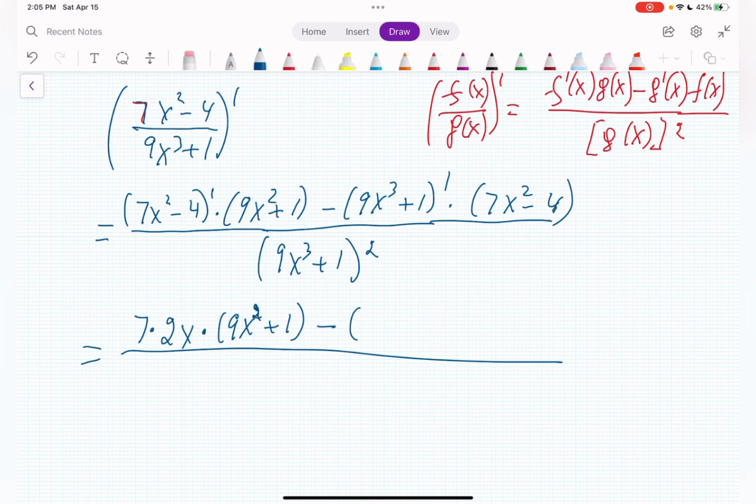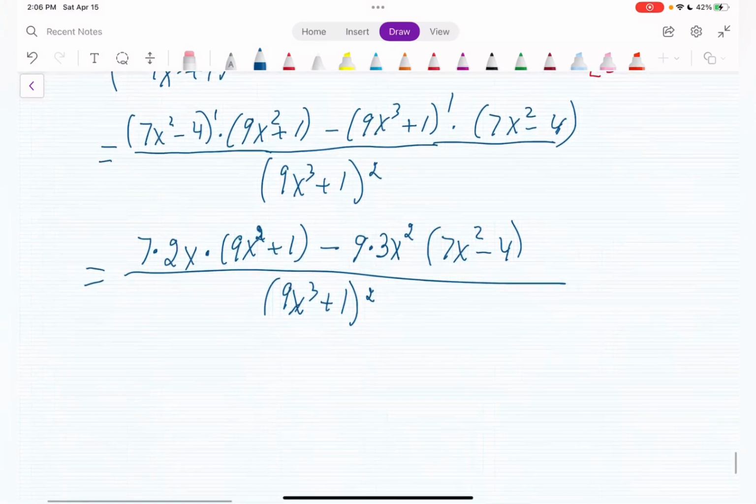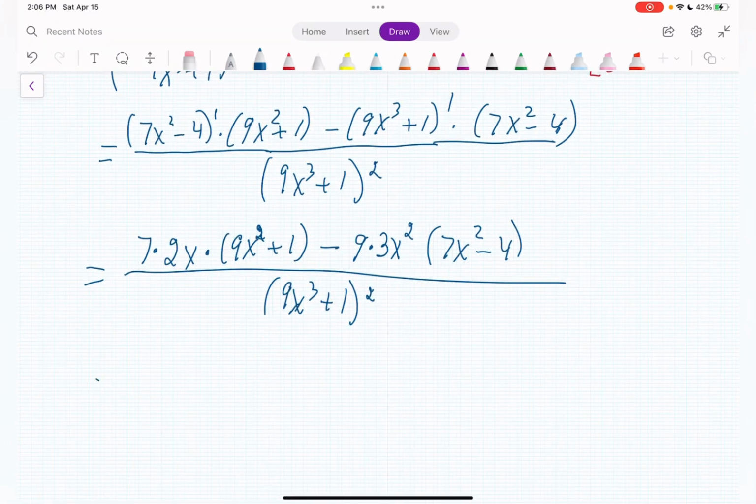I don't need parentheses here, so 9 times 3x to the power 2, 3 minus 1 is 2, and derivative of 1 is 0, and times 7x squared minus 4. Okay, dividing by 9x cubed plus 1 squared. Okay, so let's see.